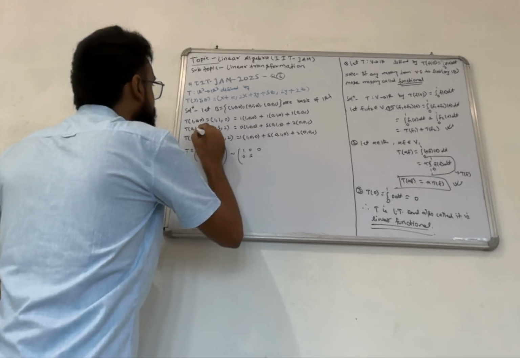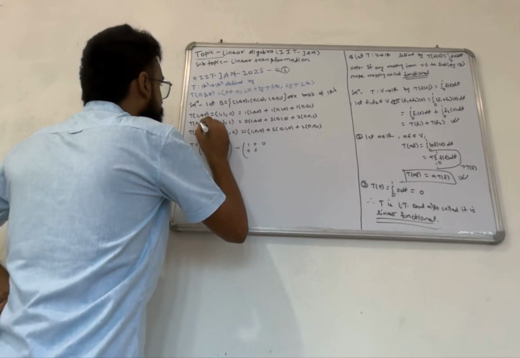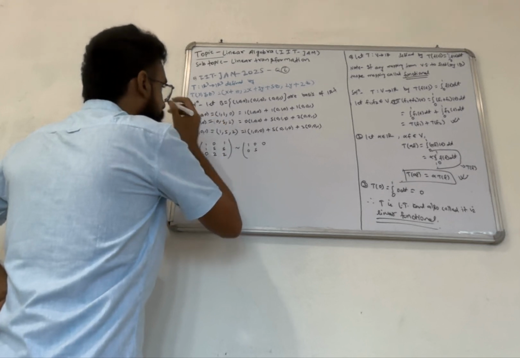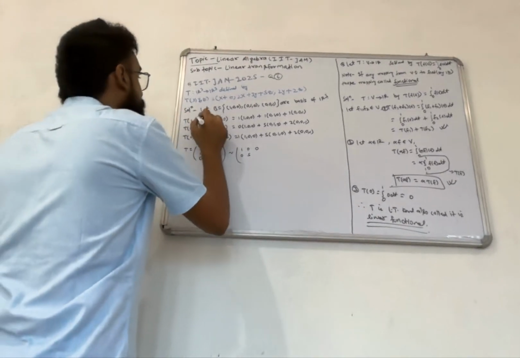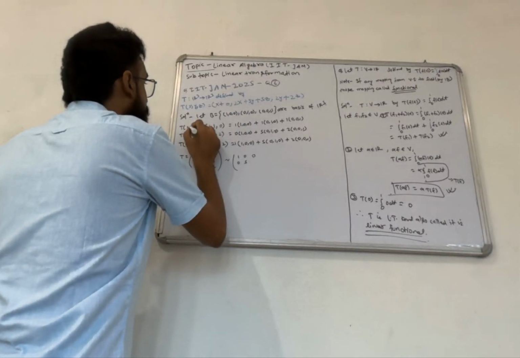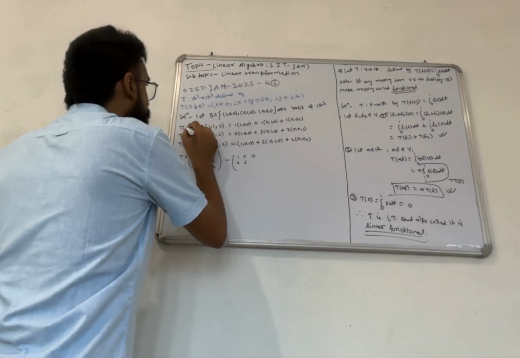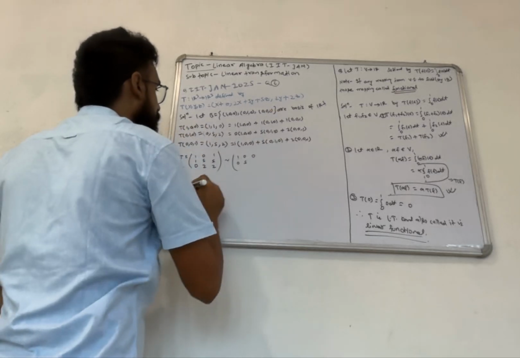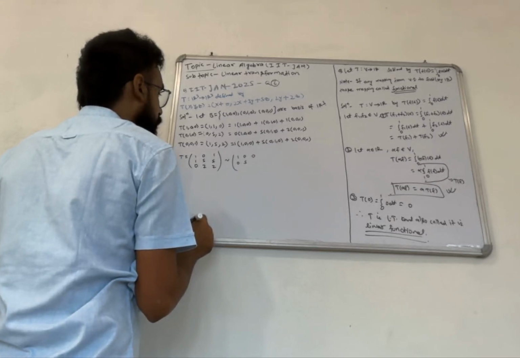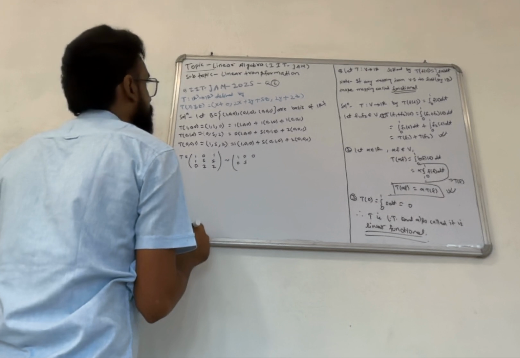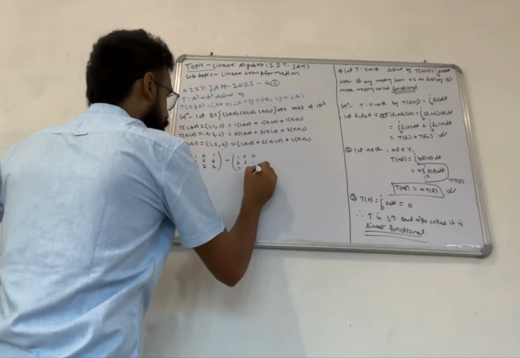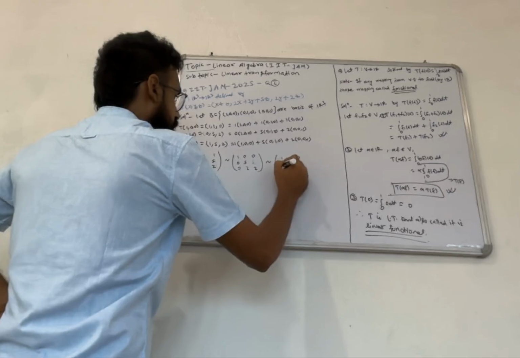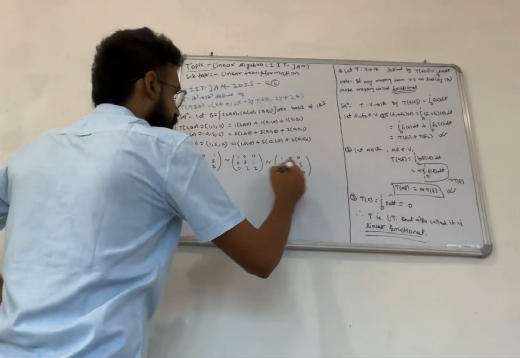So x plus z, then 2x plus 3y plus 5z, then 2y plus 2z. Okay, that is fine. Where am I going wrong? Let me recheck the entries of the matrix and simplify the rows.